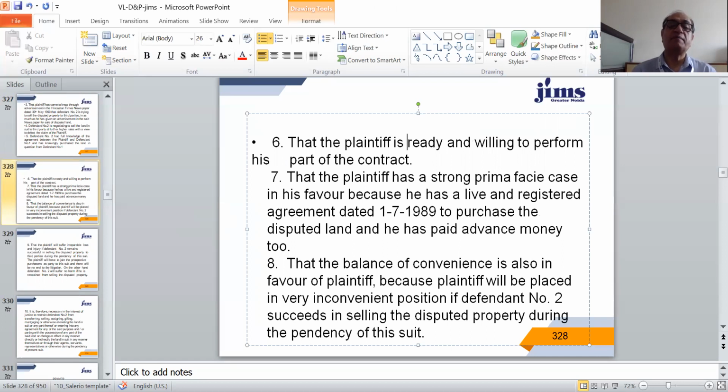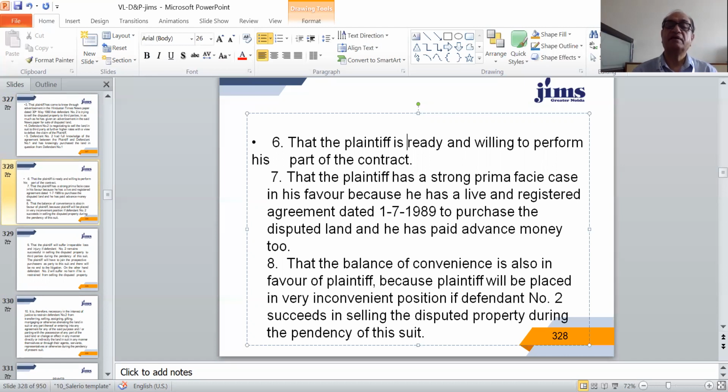Although there is now an amendment in the law, the Specific Relief Act has been amended and there is no need of writing this paragraph. But still, as an advocate, I advise you to always write down this paragraph on behalf of the plaintiff, that plaintiff is ready and willing to perform his part of the contract.